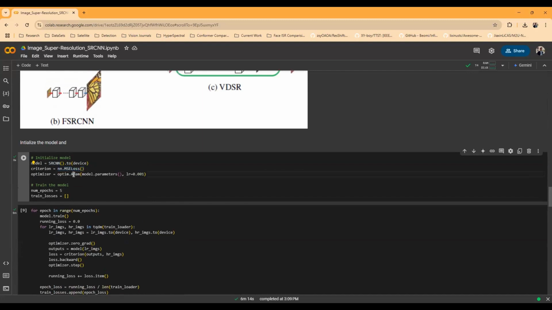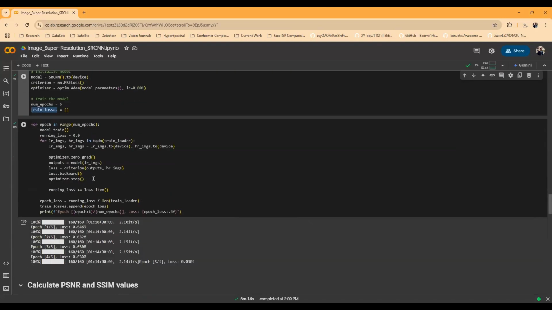The optimizer is the Adam optimizer with a learning rate of 0.001. We are initially training our model for just 5 epochs for simplicity, and train losses will be recorded here for plotting the results.